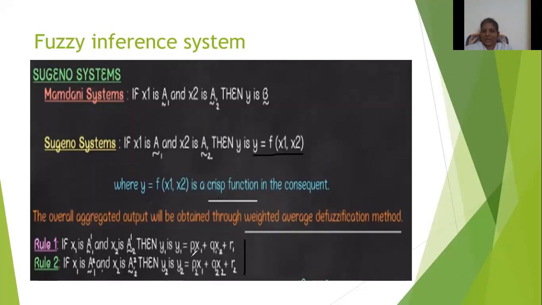See here, your output is written as a function of both the inputs. y2 is equal to p2x1 plus q2x2 plus r2. So next, let us see an example. You can clearly understand this Sugino method.